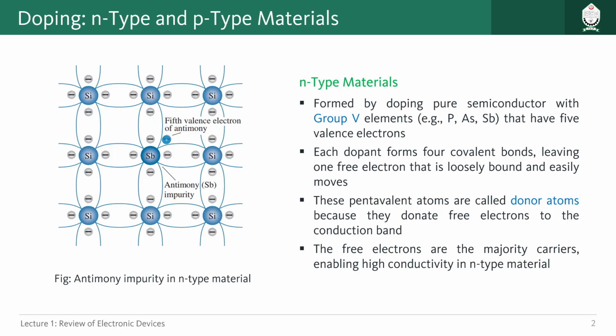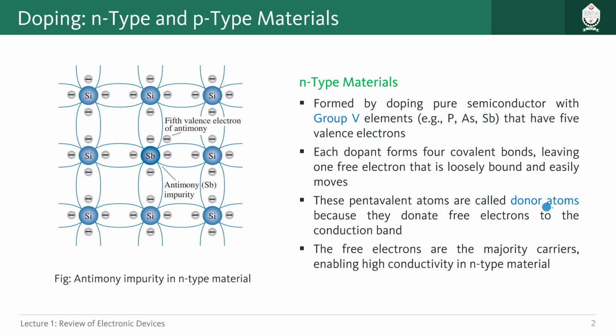This electron can flow in our material lattice easily, just like a free carrier. So that's how it helps: by doping this kind of group 5 element into the pure semiconductor, we can increase the number of carriers we have in that material.